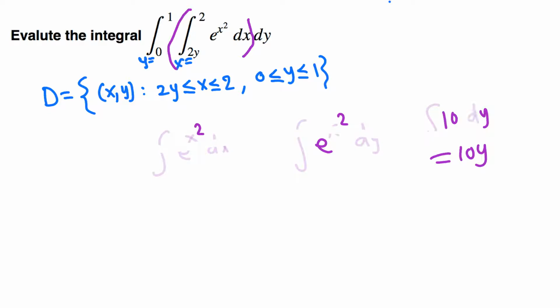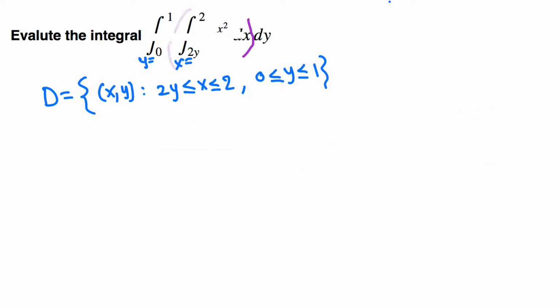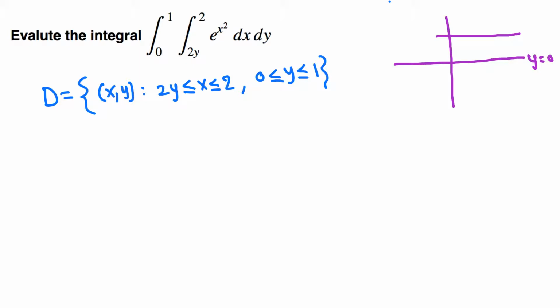Okay, let's do that. Let me draw this region. y goes from 0 to 1, so y equals 0 is the x-axis, and y equals 1 is a horizontal line. And x is 2y, so x equals 2y, and x equals 2.